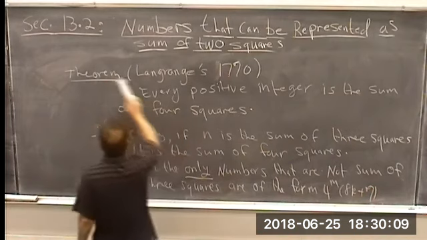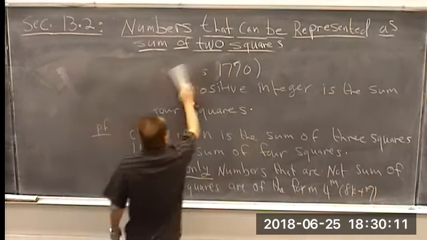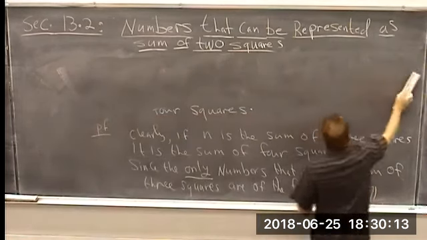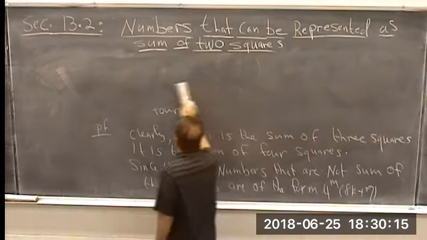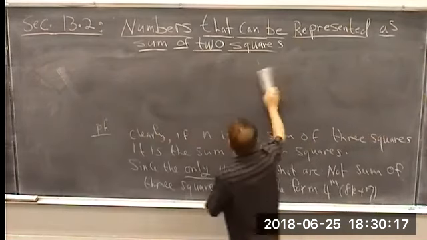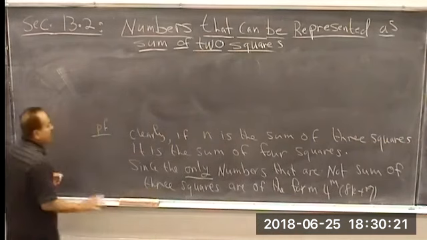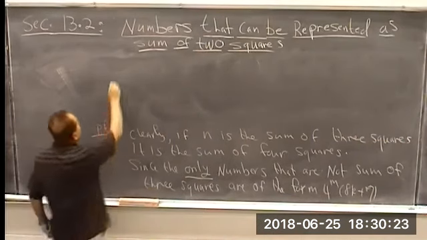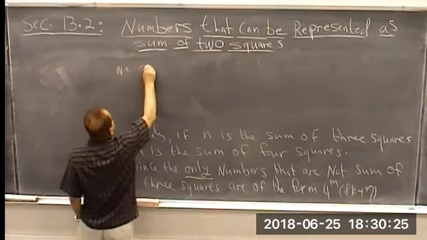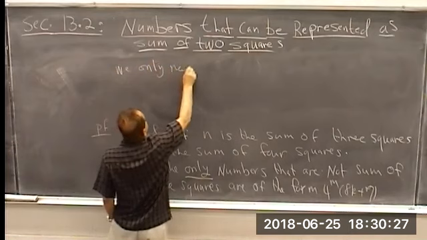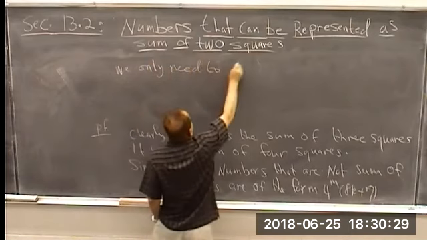So we only need to show these numbers, because all others are a sum of three squares, so four squares, and we're done with those.